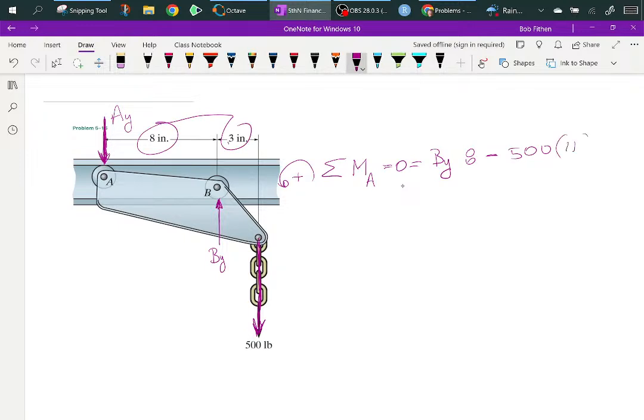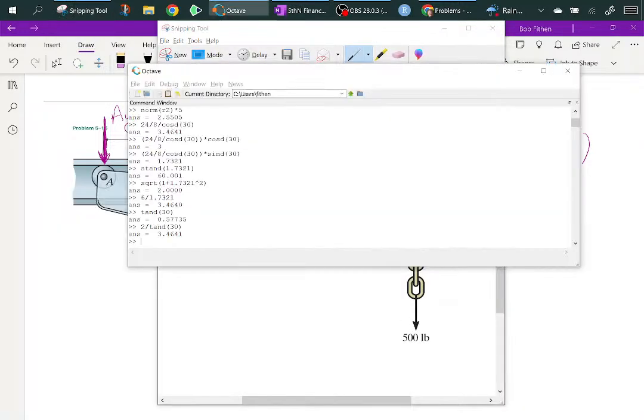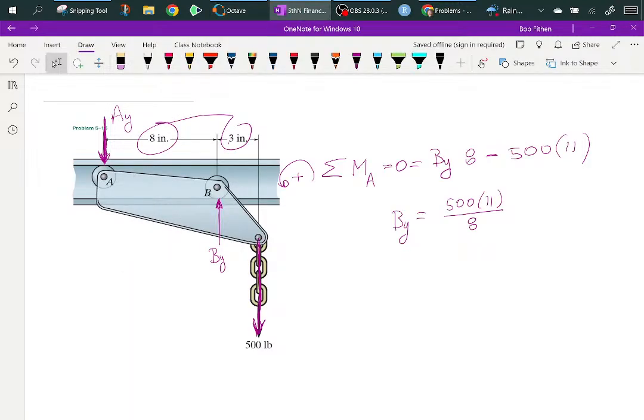I'm keeping them in inches, it doesn't matter. And that's it. So BY would be 500 times 11 over 8, or 687.5.